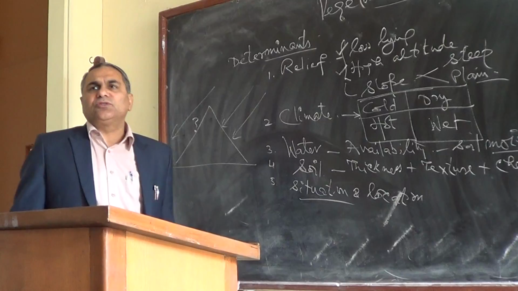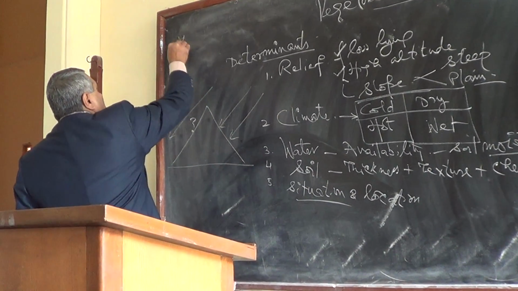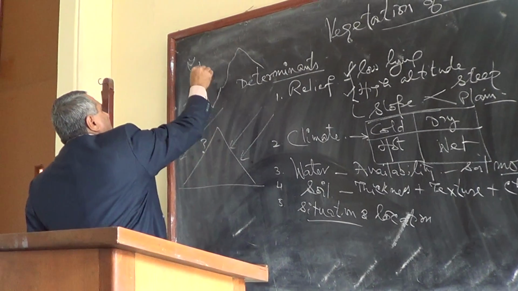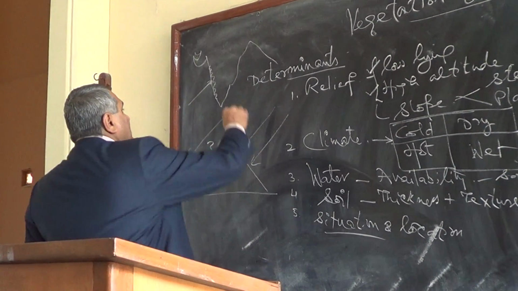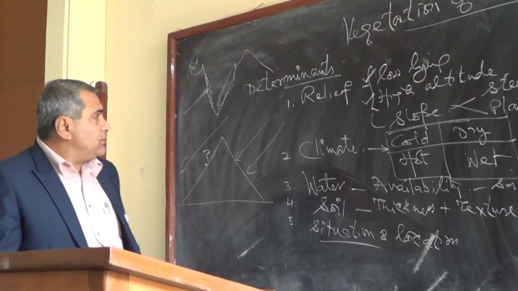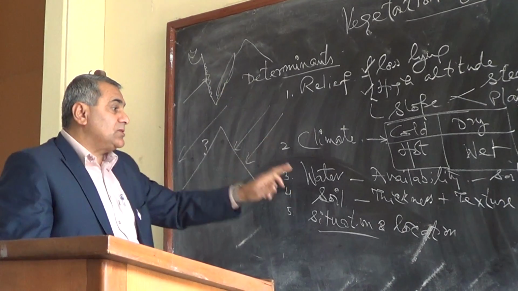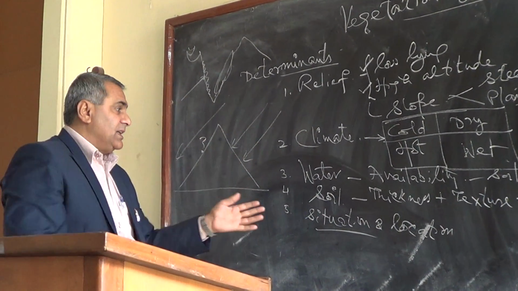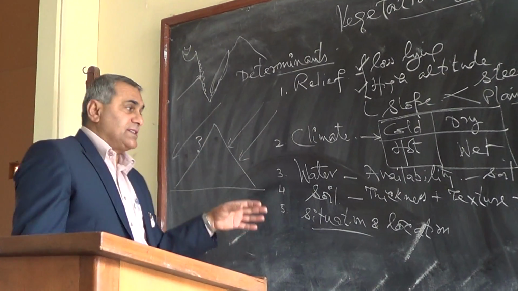The location, if you see the west coast of India and the east coast of India, in both the coastal regions of India, you have the different vegetation. This west coast is having wet equatorial rainforest, but this is having the dry deciduous vegetation. So both are the coastal location, but that is called location, the nature of location. Location this side, and the situation. The situation is location within location.